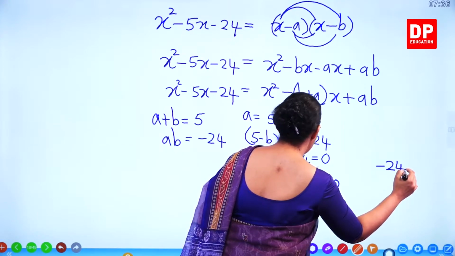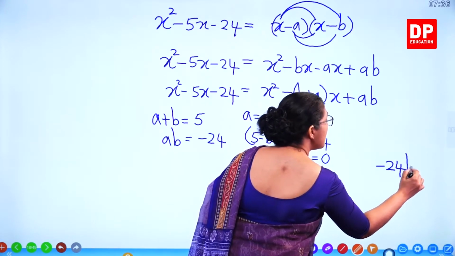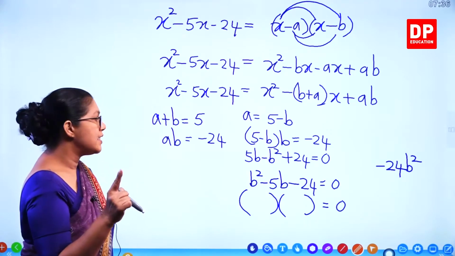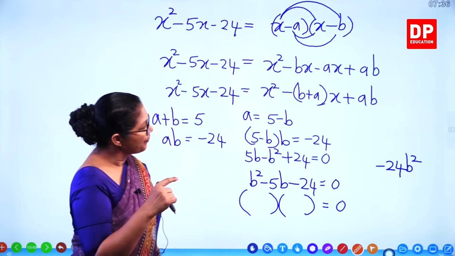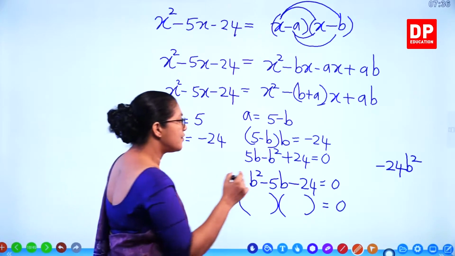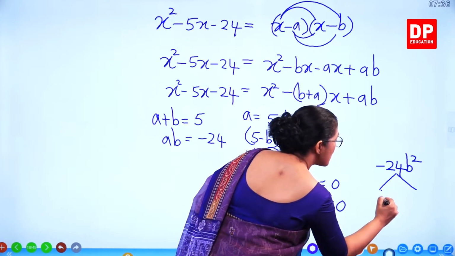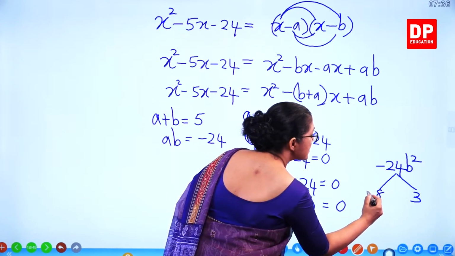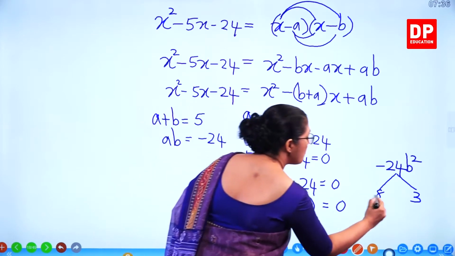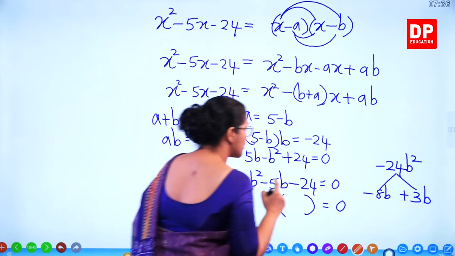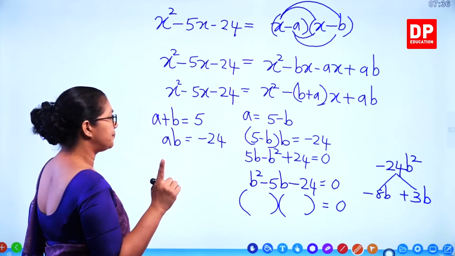So minus means this should be a difference. If it's plus, you are adding the numbers to get the middle term. So 24, 8 and 3. So those are the correct factors. So this is minus sign here. So bigger value is minus. Other one is positive. So split the middle term.